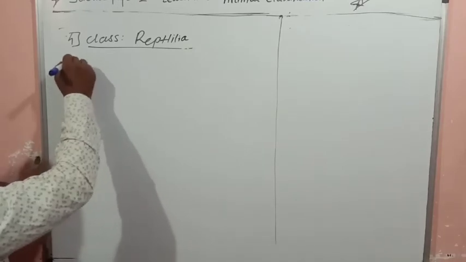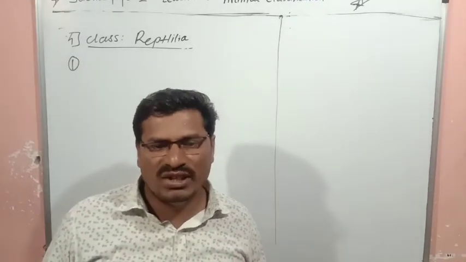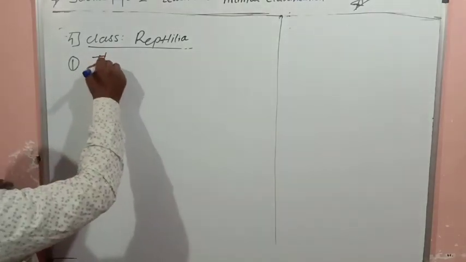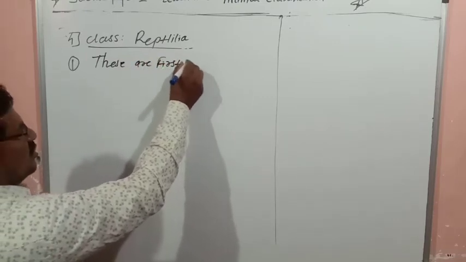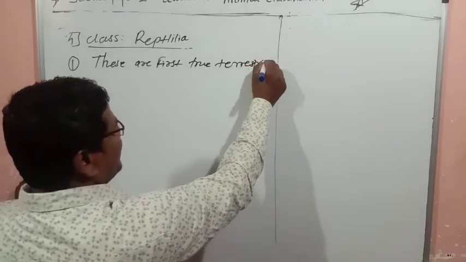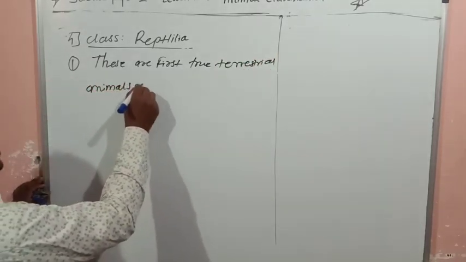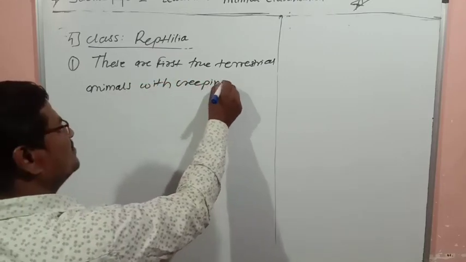So first we'll see the characteristics. These are the first true terrestrial animals with creeping movement.